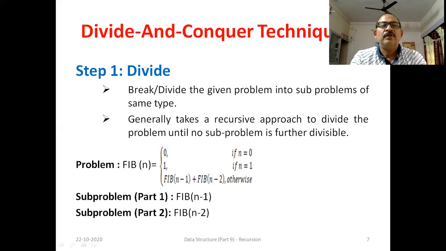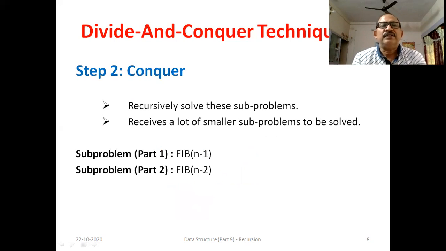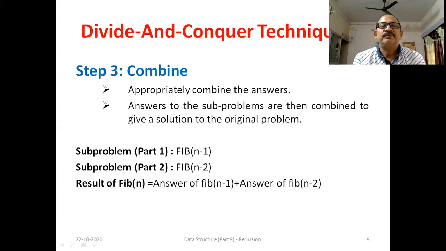Now, in second step, we recursively solve these sub-problems. What are the sub-problems? Fib n minus 1 and fib n minus 2. Here we determine the value of fib n minus 1 and fib n minus 2 in a recursive way. Next is the combine.